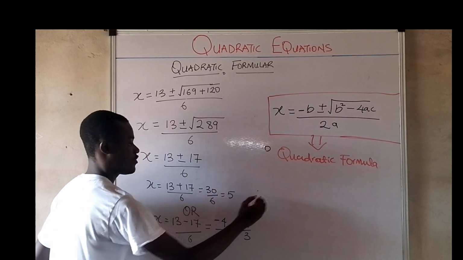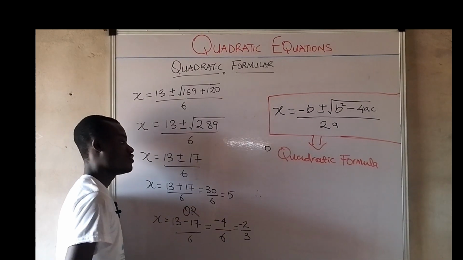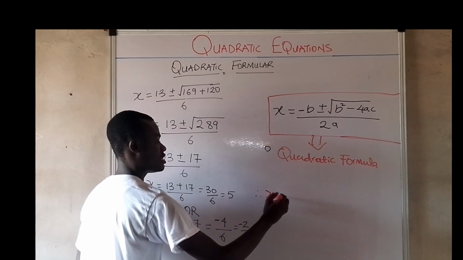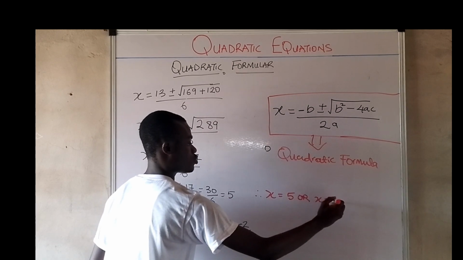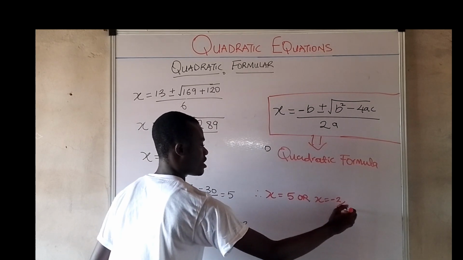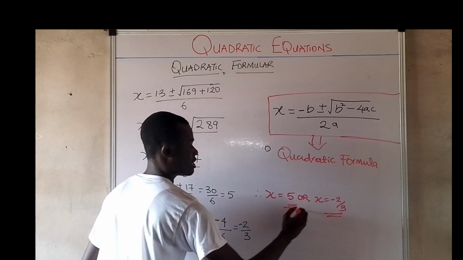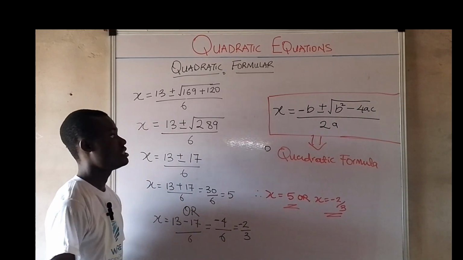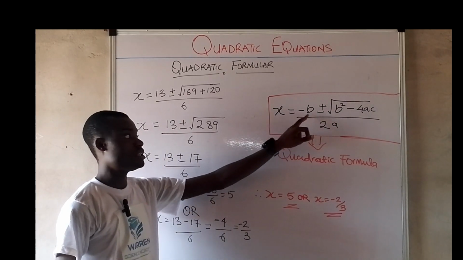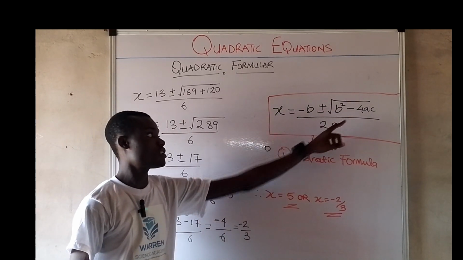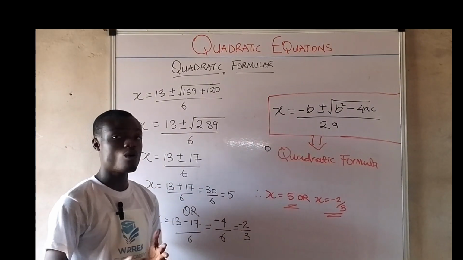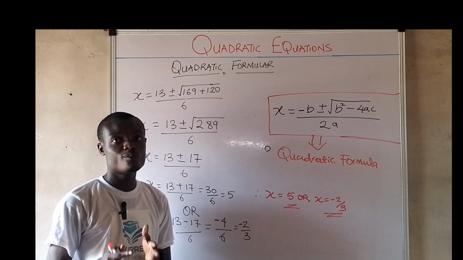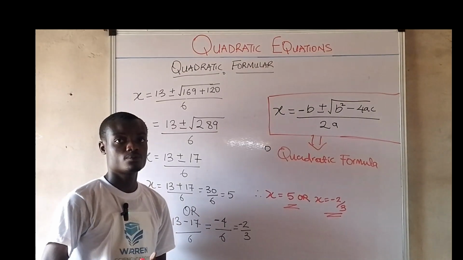Therefore, the value of the unknown x is equal to 5, or x is equal to minus 2 over 3. Remember that the formula is simple. It is x equal to minus b plus or minus the square root of b squared minus 4ac over 2a. You have to memorize this formula and also know the standard form for the quadratic equation.